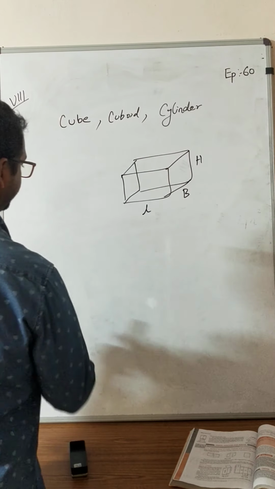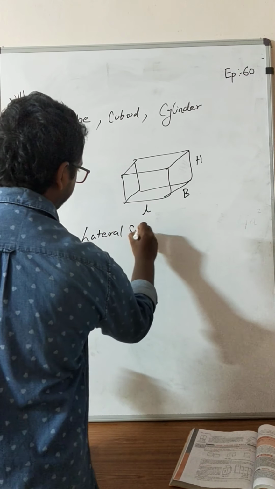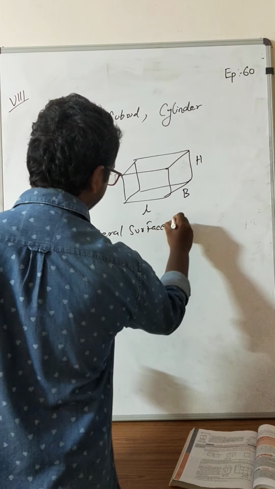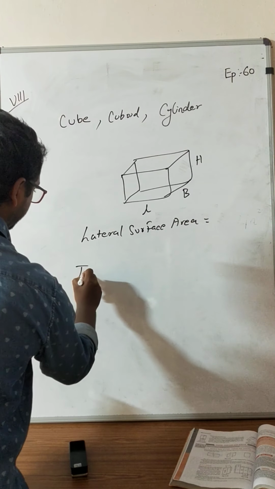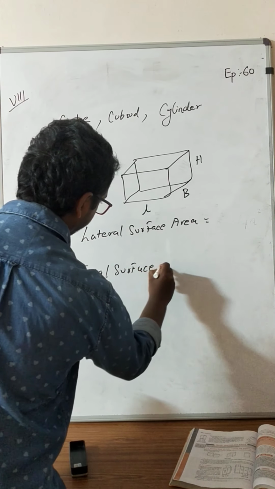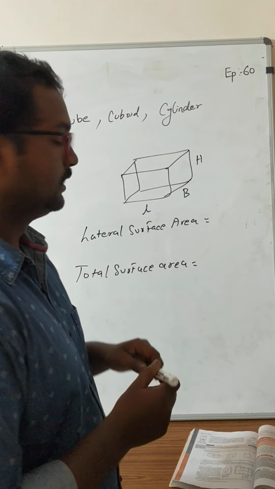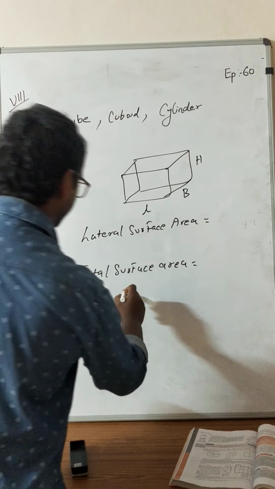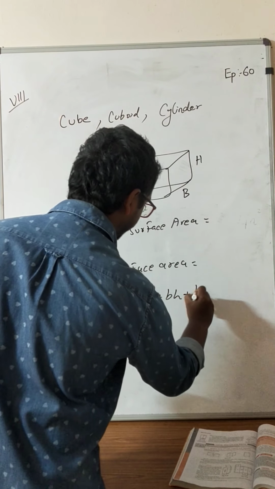Let's understand the lateral surface area, and let's understand the total surface area. The total surface area formula is 2 into (LB plus BH plus HL).